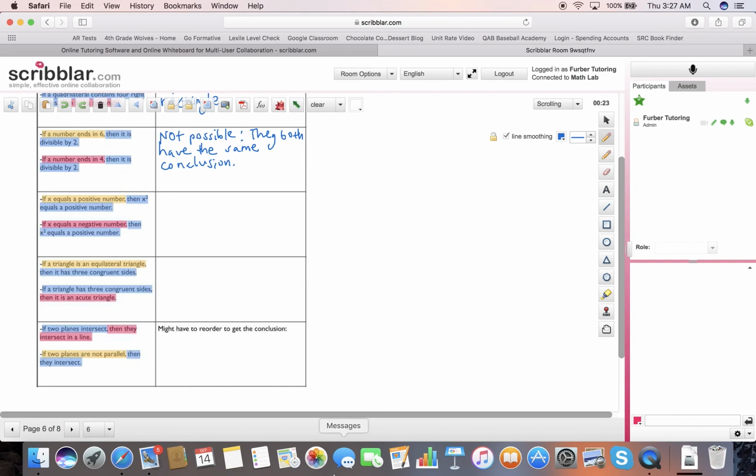If x equals a positive number, then x squared equals a positive number as well. Now look at the second statement. If x equals a negative number, then x squared equals a positive number also. This is like the one above it. Neither one of these is capable of being turned into a conclusion because they have the same conclusion.